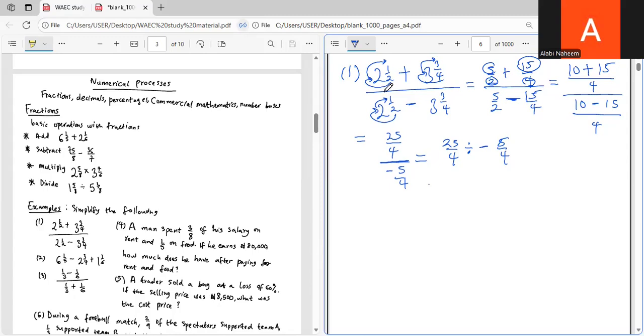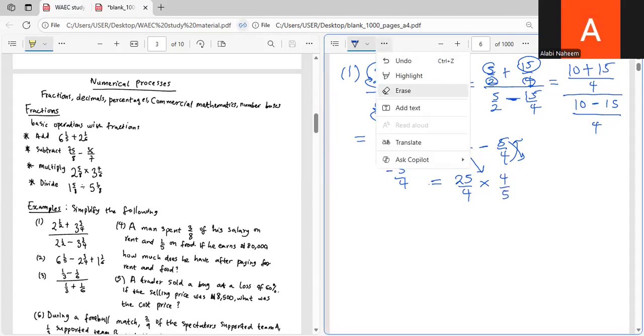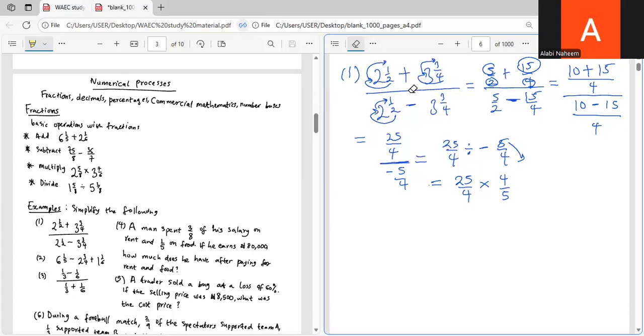And we said if we want to divide a fraction by another fraction, the first thing is to change the division sign to a multiplication sign. So the divide here becomes times, right? And the next thing is that the fraction after the division sign, we invert it. That is, the 4 comes up and 5 comes down. It becomes minus 4 over 5. Yes, that's how we divide by fractions.